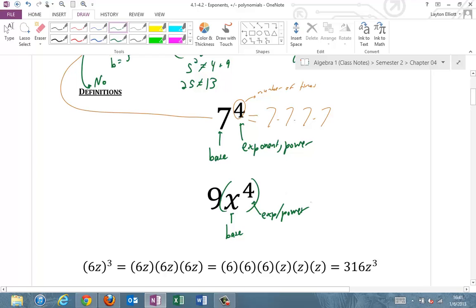So what would 9 be? Well, 9 is not being raised to the 4th power. 9, that's actually a 9 times. That's called a coefficient. Those are words that you should know. So we have base, we have exponent, or power, and we have coefficient.